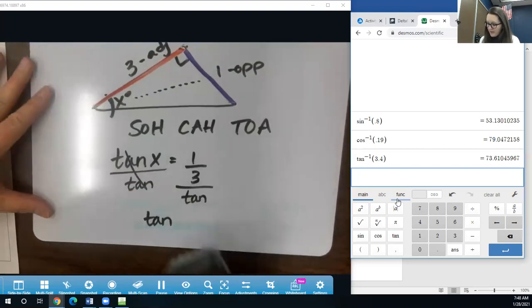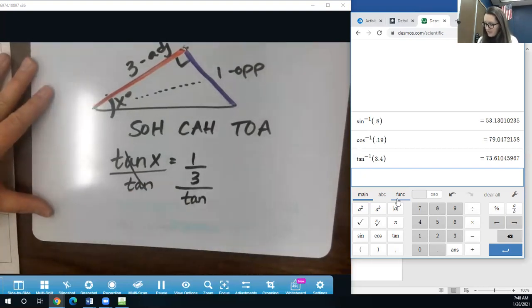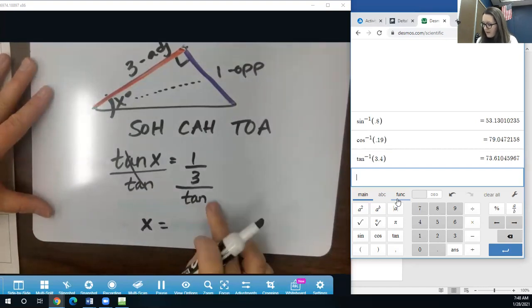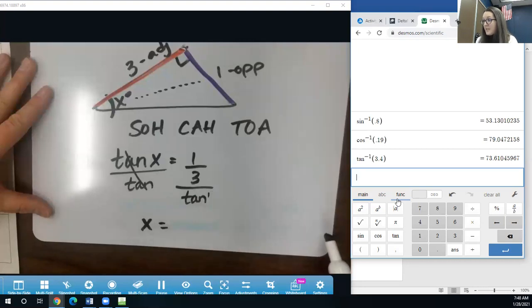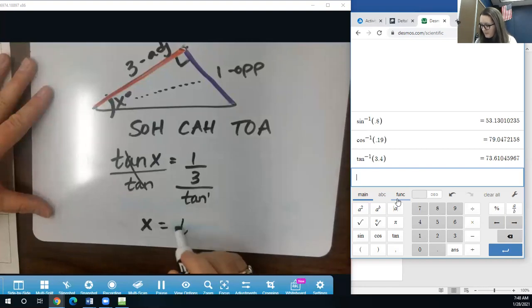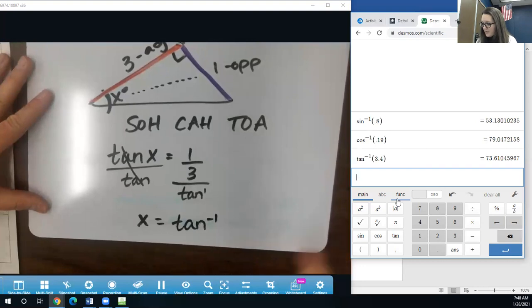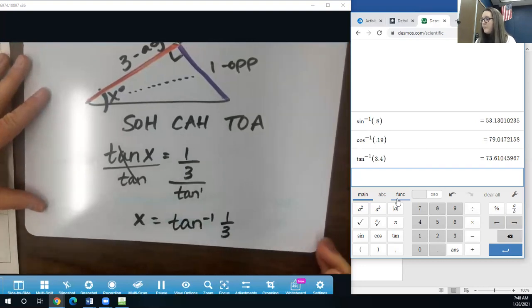If I want to divide by tangent, that's the same as multiplying, and you'll learn this in Algebra 2, by, think about this as tangent raised to the 1 power, but it's in the denominator. So if I wanted to move it to the numerator, I would have to make that exponent negative, okay? So it's the inverse of tangent times 1/3.